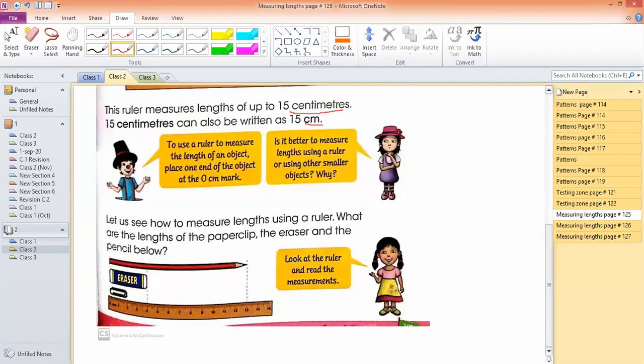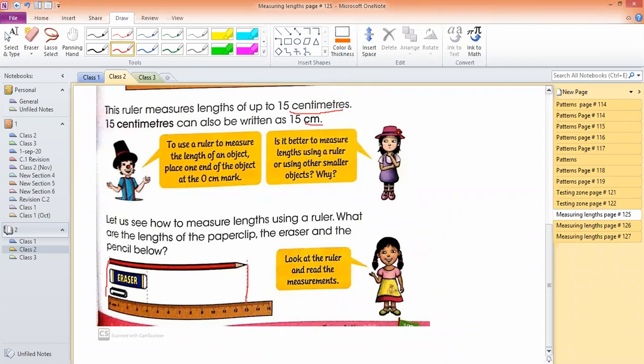Okay, you check this pencil, 0, 1, 2, 3, 4, 5, 6, 7. But look at this pencil, it starts from 0 and reaches up to 13.